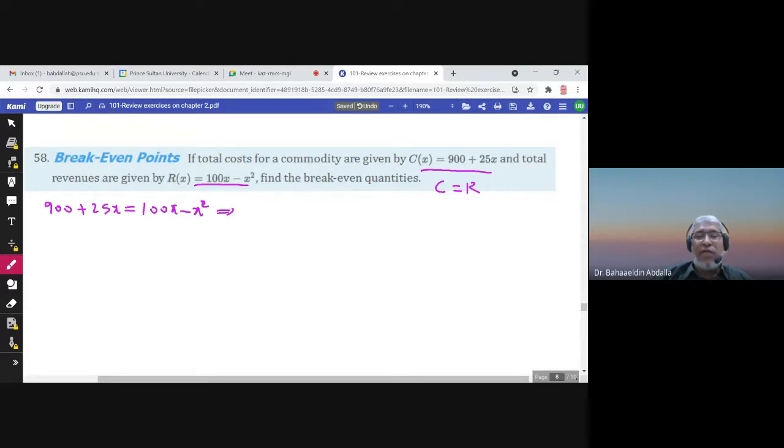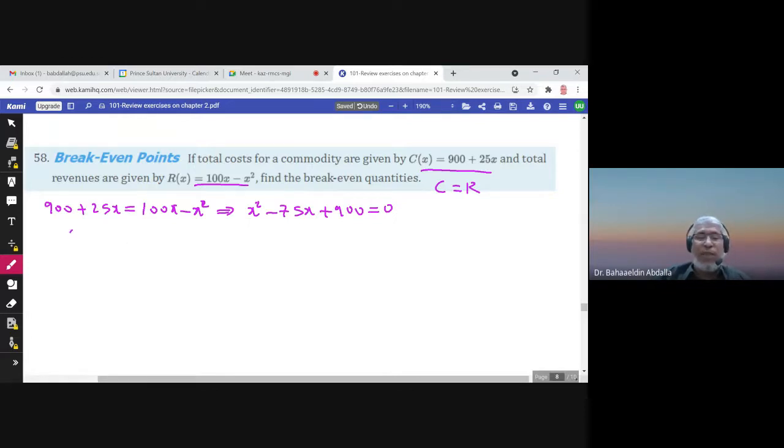Again, I have a quadratic function, so I take everything to the right-hand side. 25 minus 100 is negative 75x, and I have plus 900.